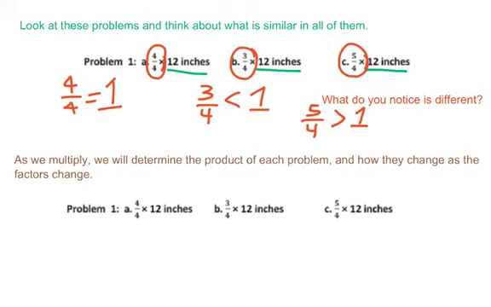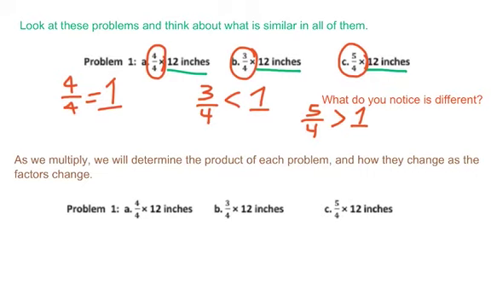And so this is going to help us out, again, when we look to compare the product to the factors. Okay? So now I'm going to do the multiplication and compare the product, or the answer, to the constant factor.